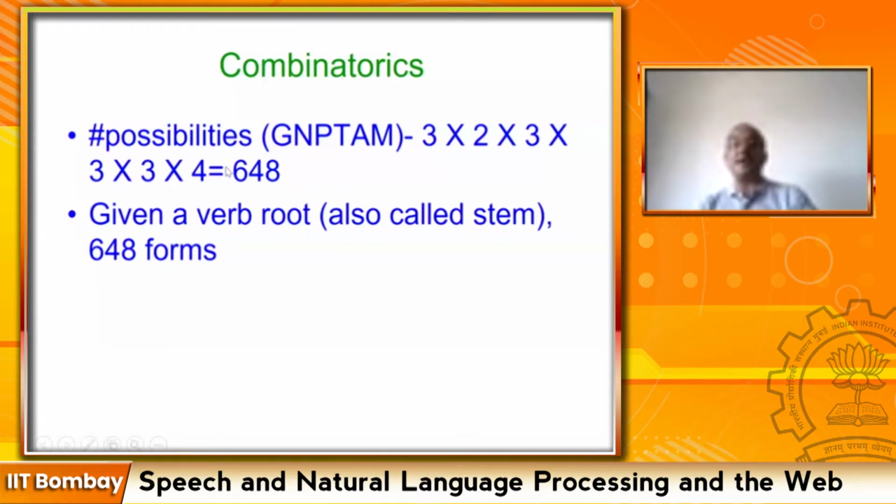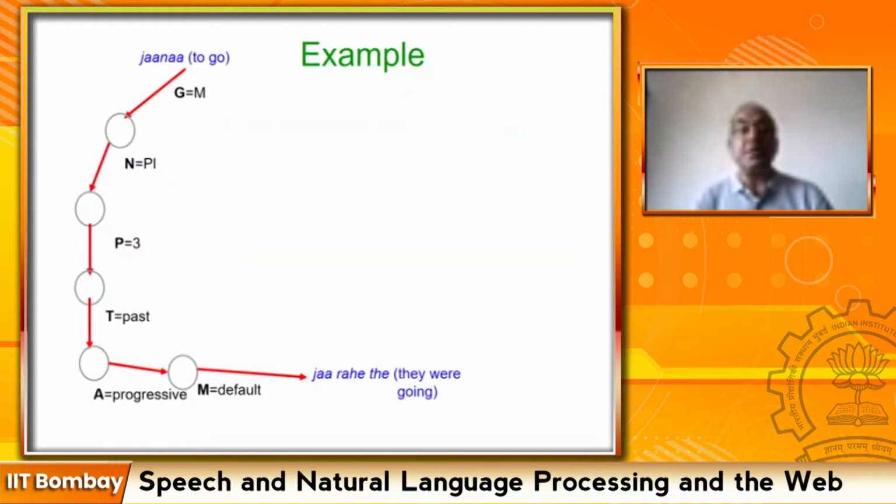Multiplication gives me 648 as the product. So given a verb root, also called the stem, we can theoretically have 648 forms. Okay, so now let me see how this can operate.